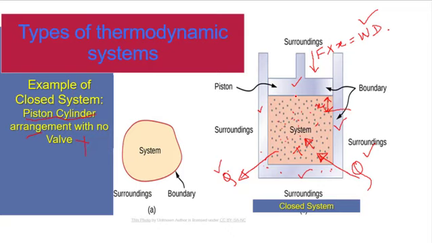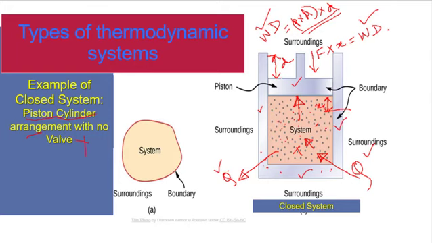This high pressure will push the piston upwards, and suppose the piston moves upward by a distance of d, the work done is equal to force, which means pressure into area of the cylinder, into the distance traveled. So this is work done, and in this case this work is done by the system.